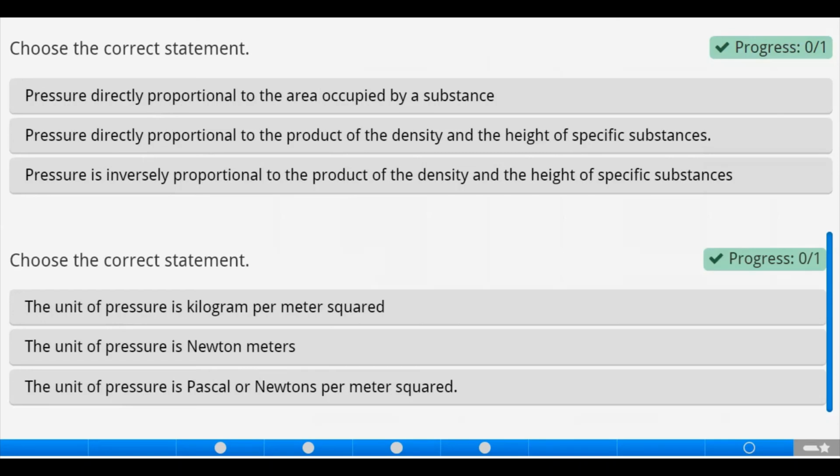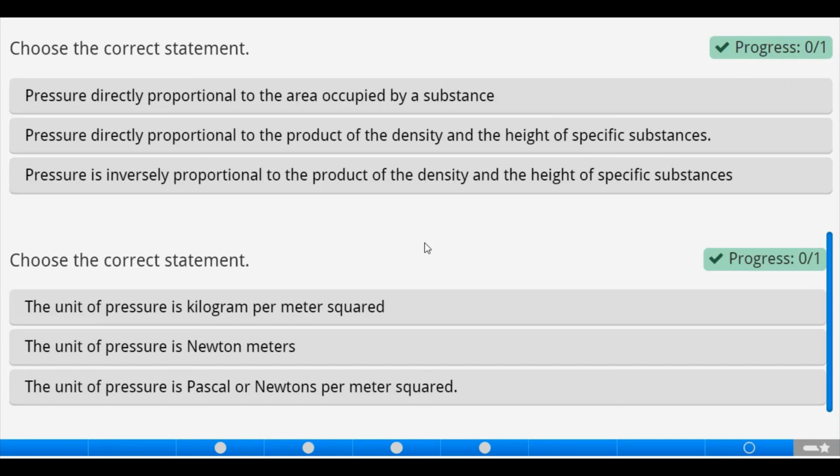With that, we've come to the end of the class, but we won't go without having the summary for the day. So let's do these two summaries and check which of the statements is correct. Pressure directly proportional to the area occupied by a surface. The statement is wrong.